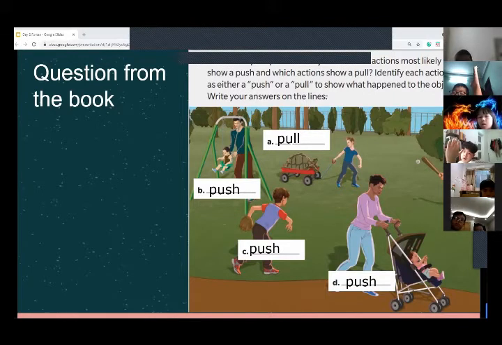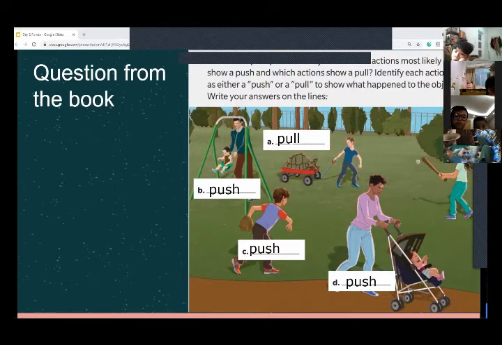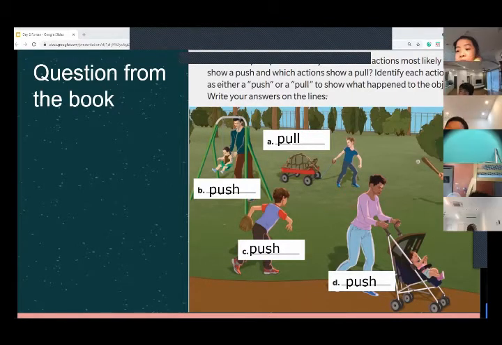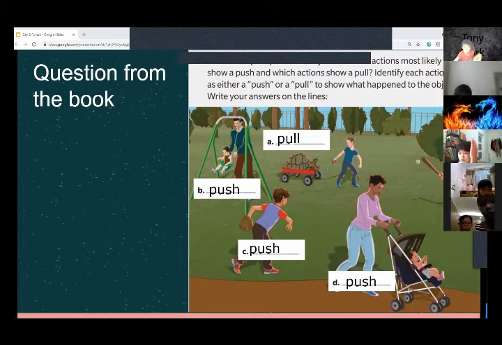Who thinks they know? Thomas? I think it's when you push to throw the baseball. That's a great answer. Does anyone else have an idea? Nick, what do you think?